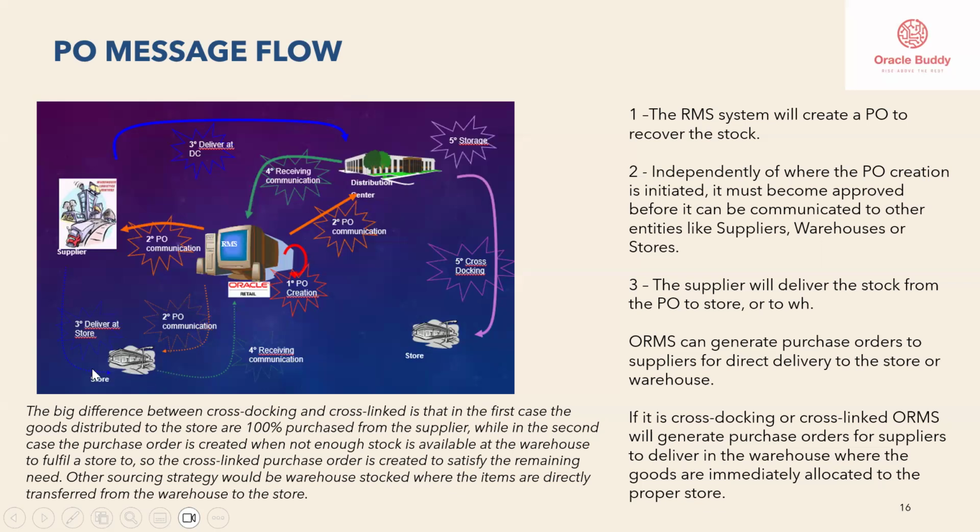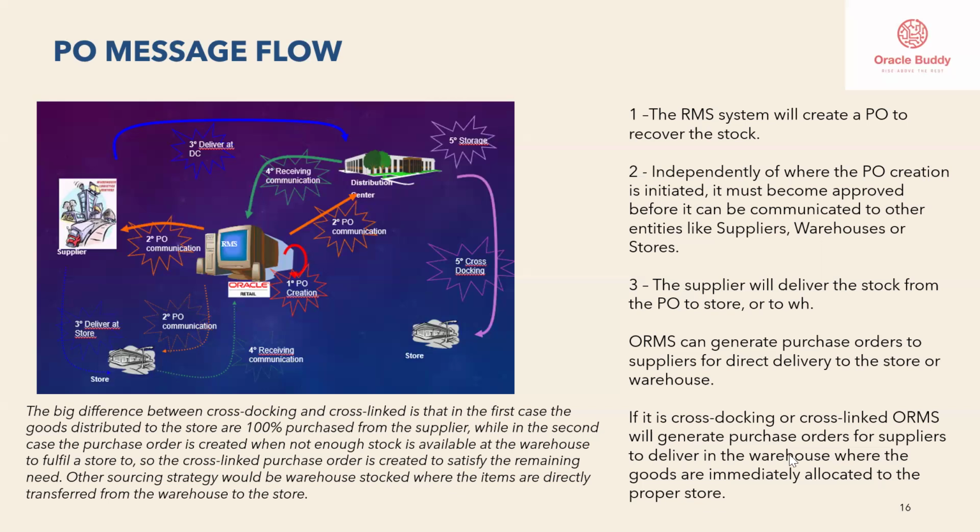And once the store receives the information from the supplier, or the distribution center or the warehouse gets the supplies or the order from the supplier, it sends a receiving communication to RMS as a received message.